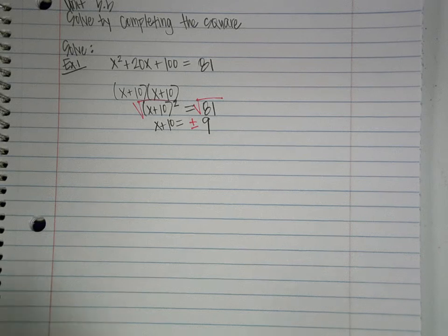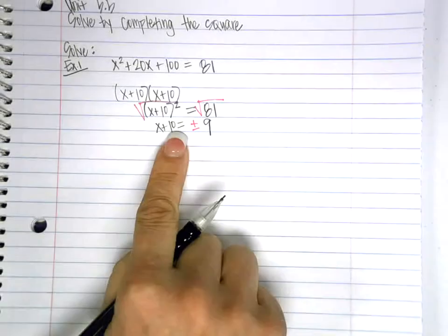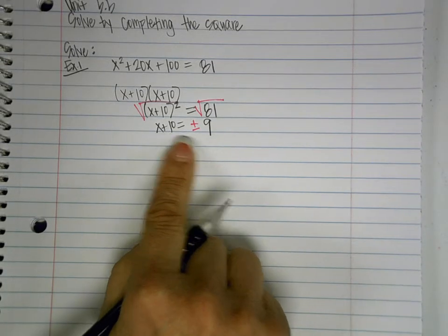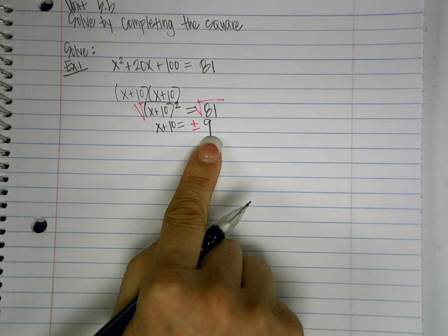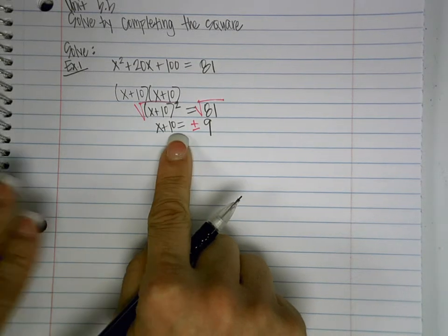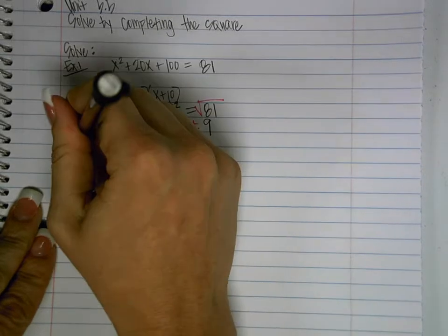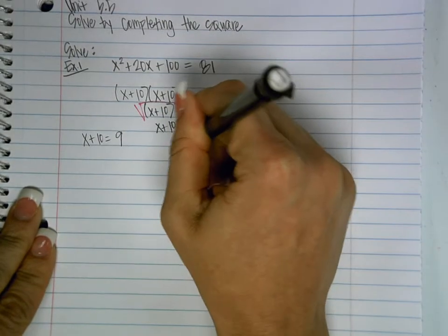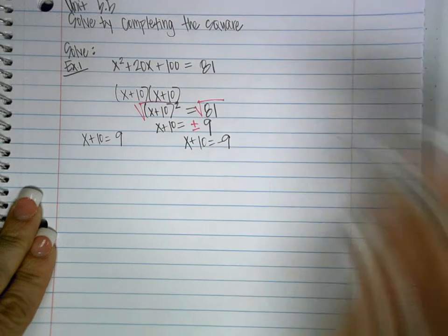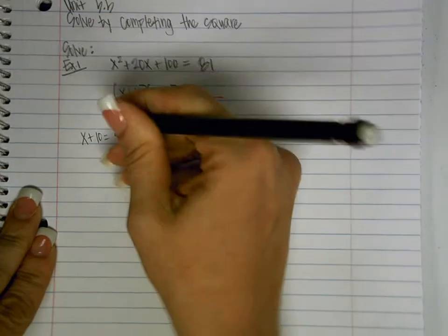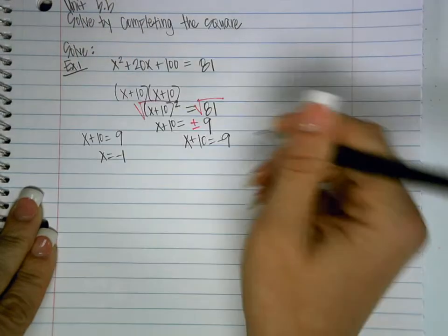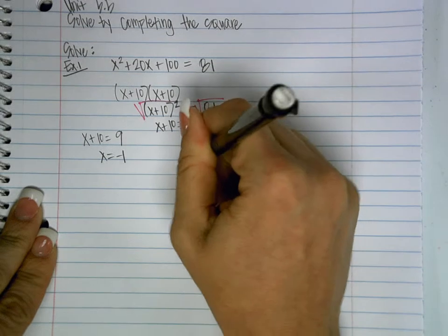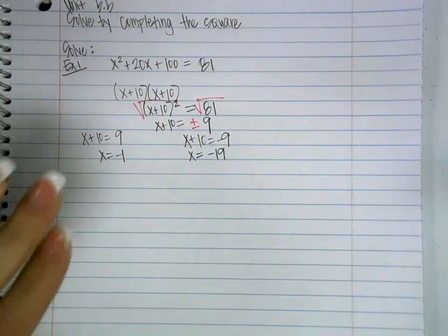When you subtract 10, this is a like term. You can add 9 and a negative 10. So you know that you have to split this to be x plus 10 equals positive 9 and x plus 10 equals negative 9. Then subtract 10, we get x equals negative 1. Subtract 10 again, x equals negative 19.